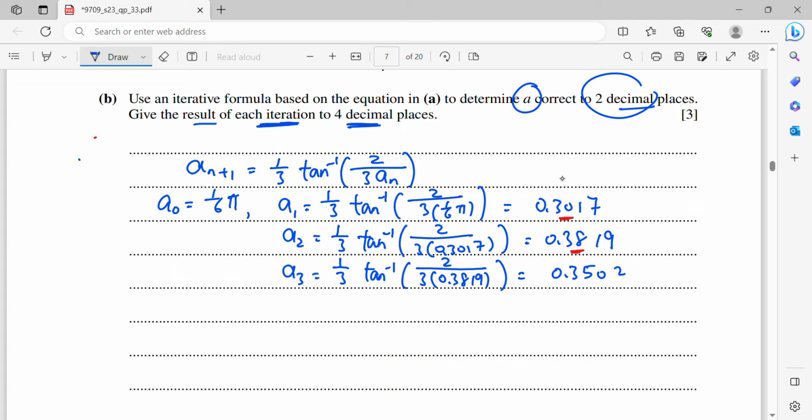So again, this is different. So a4 is 1 over 3 inverse tangent 2 over 3 bracket 0.3502, and this is 0.3624.